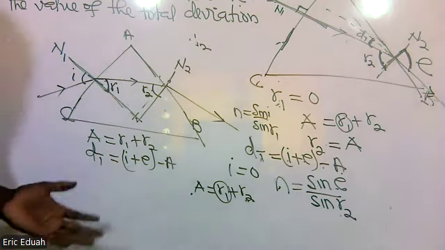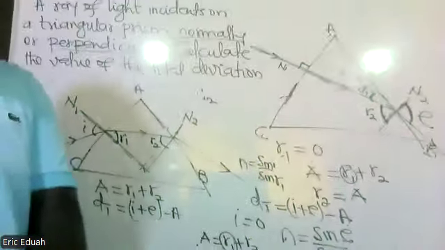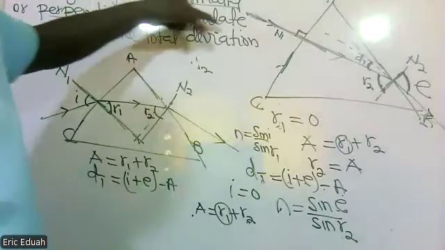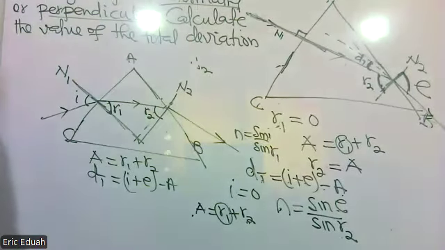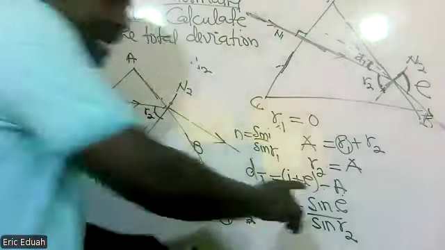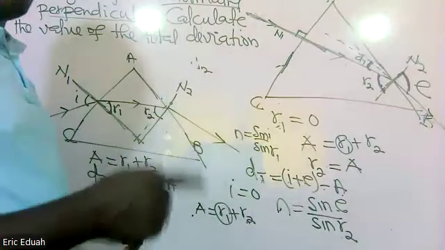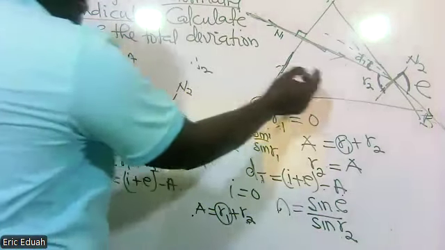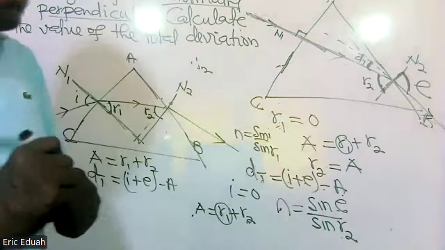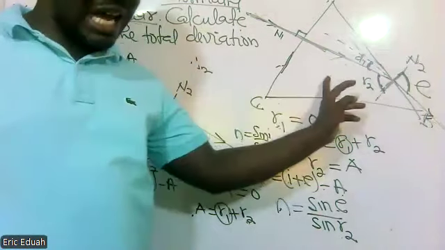So this is how to go about it if you are told that the ray of light is incident on the prism perpendicularly. The same thing you can also do using the reverse refractive index. Absolute refractive index is from air to glass.